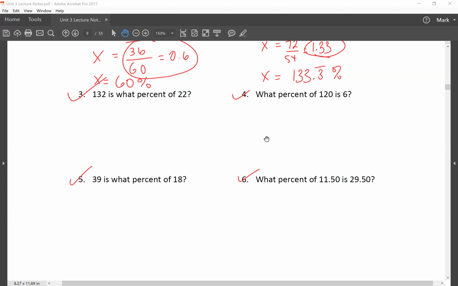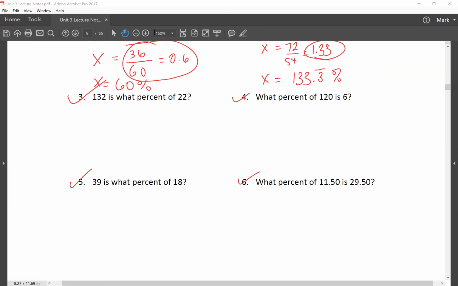Okay, now, again, you do not need to set up an equation if you're comfortable with this. So, 132 is what percent of 22? So this would be 132 over 22, and you'd get your answer.